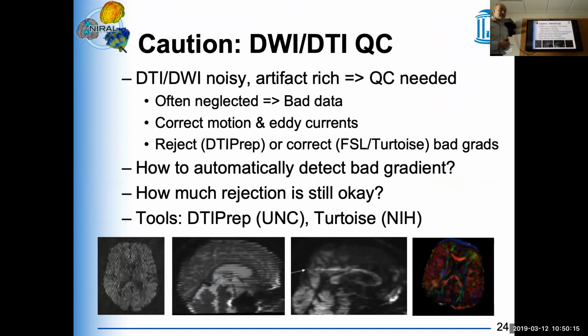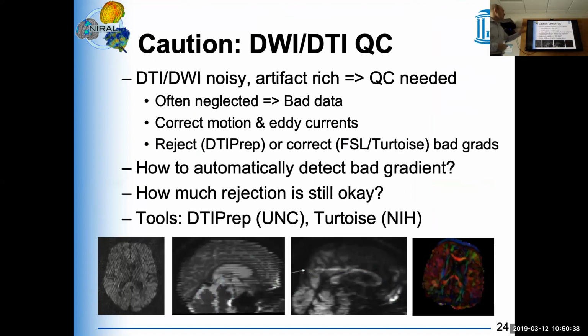They're also sensitive, from a geometric point of view, to air interfaces. So the sinuses, which are close to our brain, create a susceptibility artifact that distorts the geometry of these images. So it's very artifact-prone and very noisy.